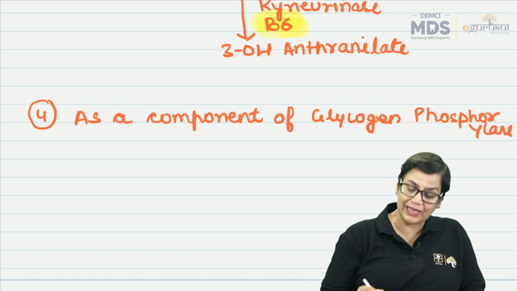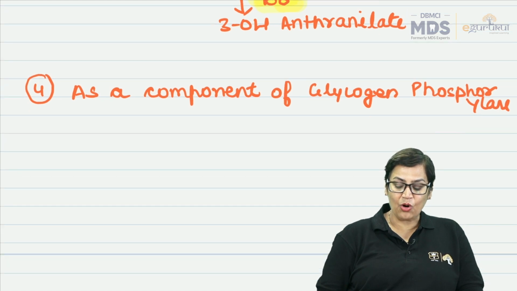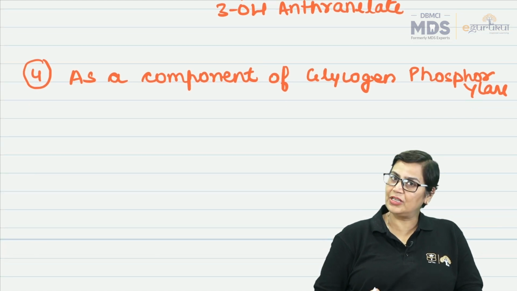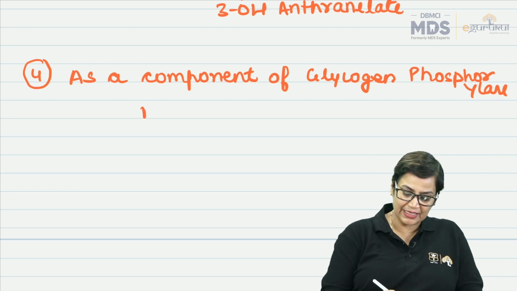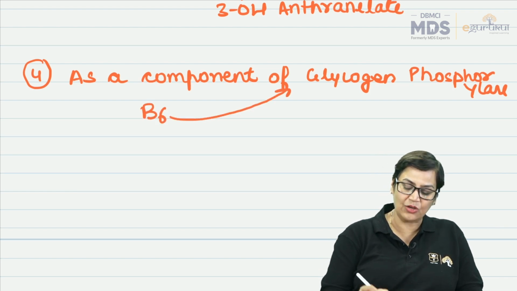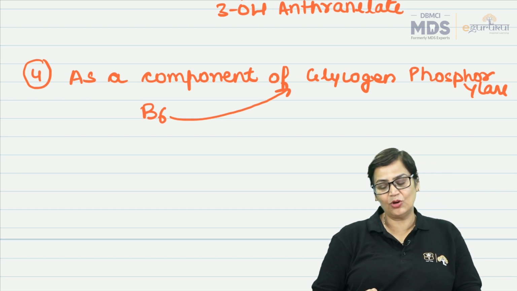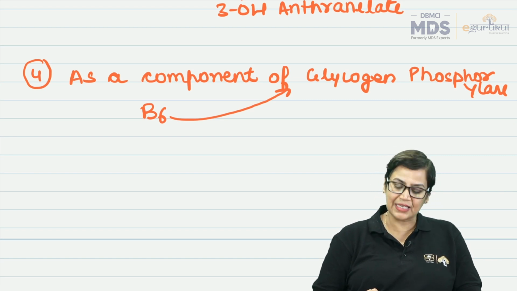And this is the only enzyme of carbohydrate metabolism which requires B6 as a coenzyme. Now all of you know what glycogen phosphorylase is.